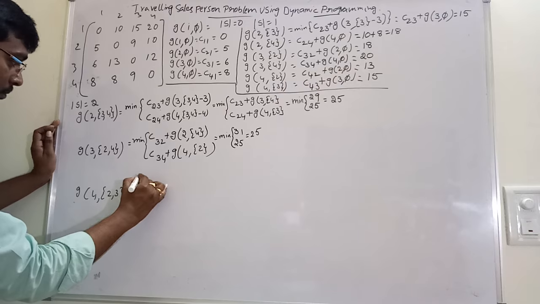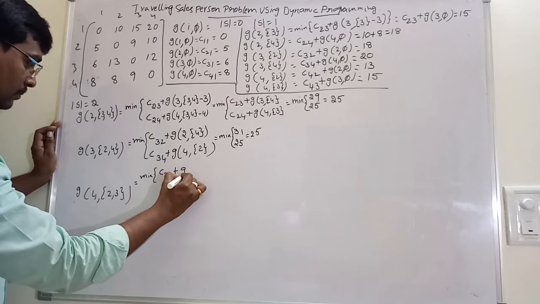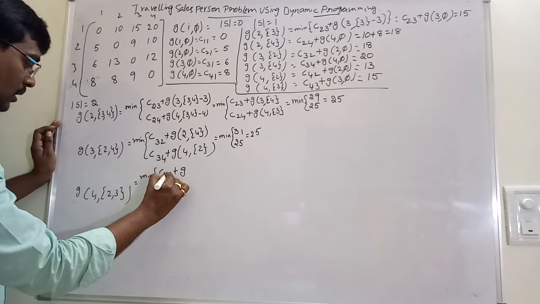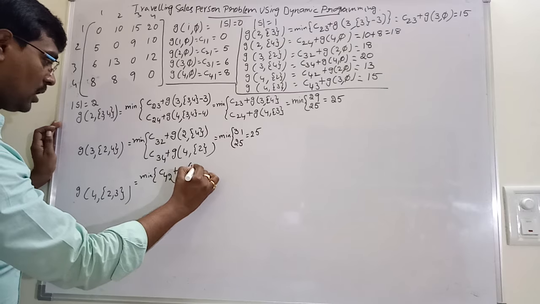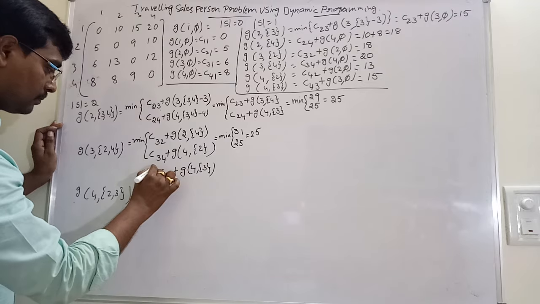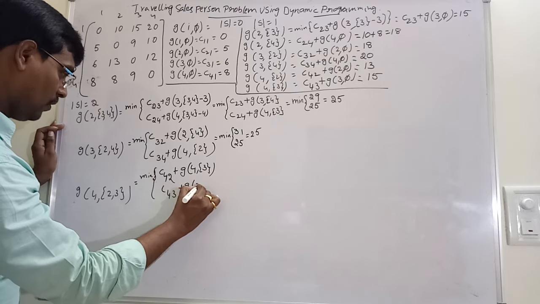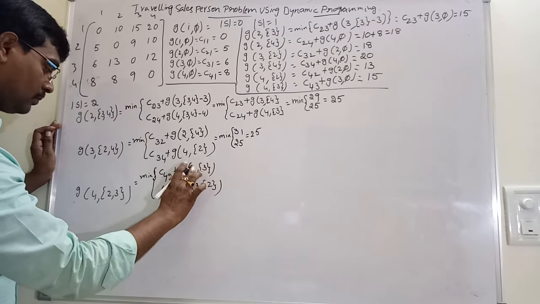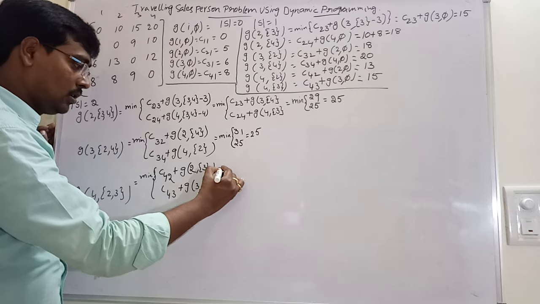Now this one. Minimum of C42 plus G of 2 comma {3} or C43 plus G of 3 comma {2}.